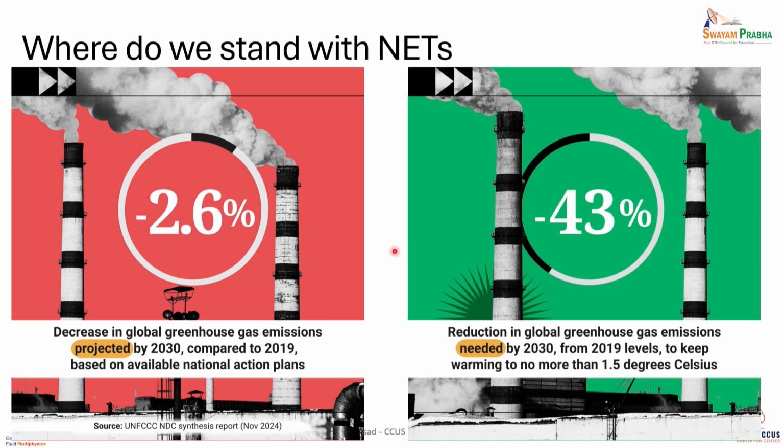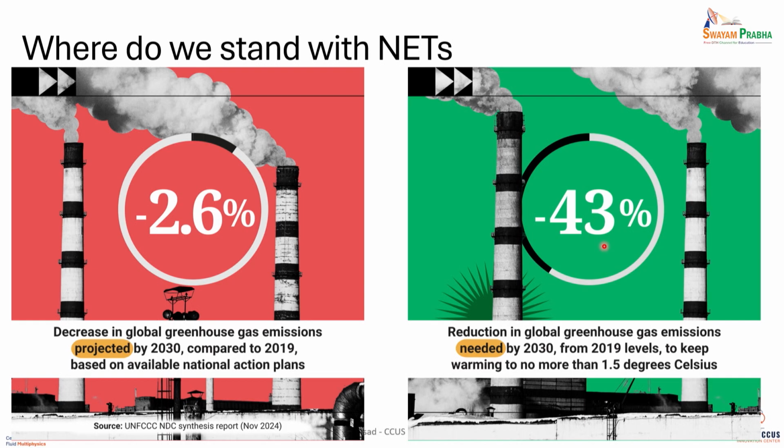Okay? And the reason I'm pointing this out is because when we design things, for those of you who are designing capture facilities, you're designing ways to scale up, you need to know what your target should be. We need to go from 2.5% to 43% by 2030.